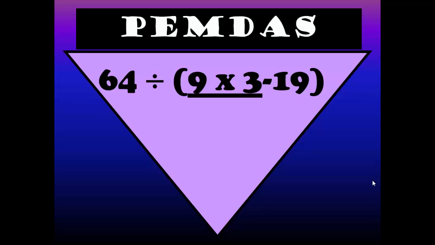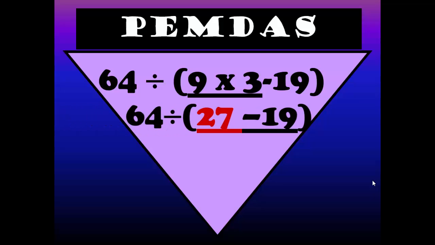So after practicing, we've learned that multiplication comes first, so we're going to do 9 times 3 and rewrite the problem. 64 divided by open parentheses, 27 was our answer, minus 19 close parentheses. We're still working inside our parentheses, so we're going to do 27 minus 19. 64 divided by 8 is 8. So that's our final answer.